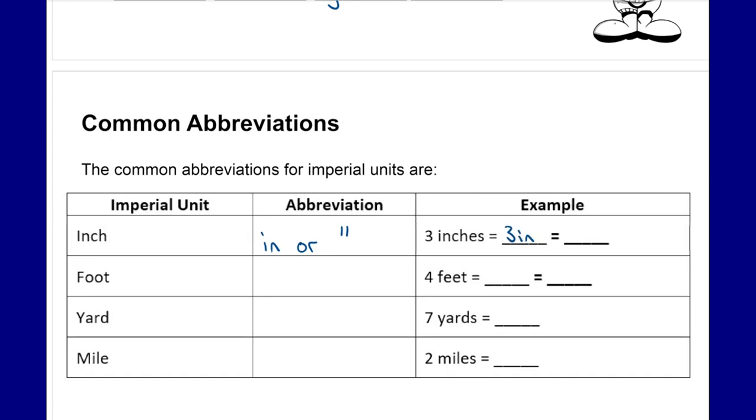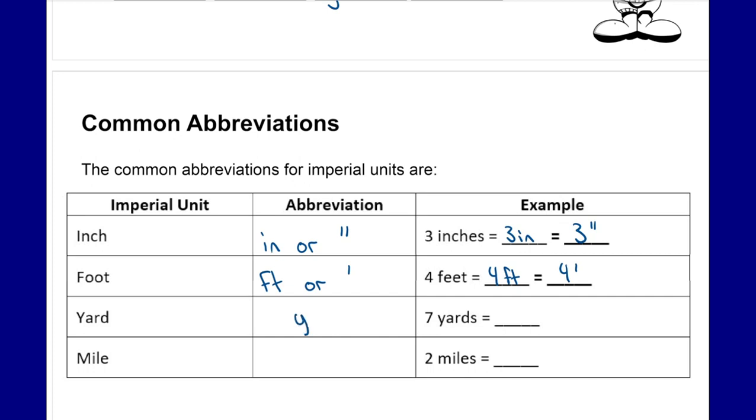I could write 3 in, or I could write 3 with the half quotation marks, you could say. For a foot, it might be ft, or it might be one line or like an apostrophe. So 4 feet, I could say 4 ft, or 4 with the one little dash or apostrophe. So it means the same thing.